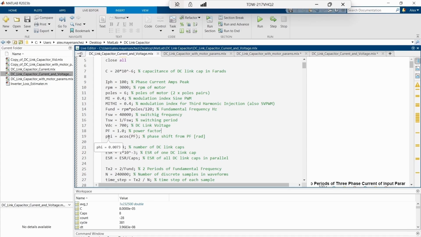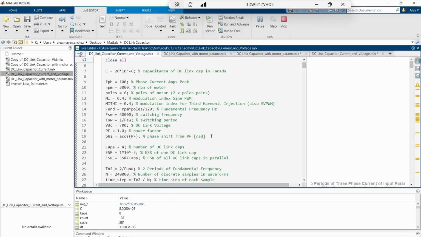The phase shift that accounts for the power factor is going to be the inverse cosine of the power factor. So let me just run this script real quick.